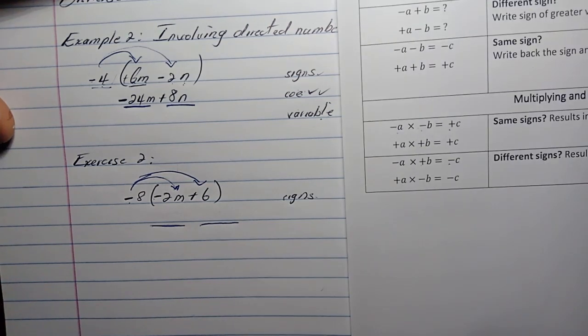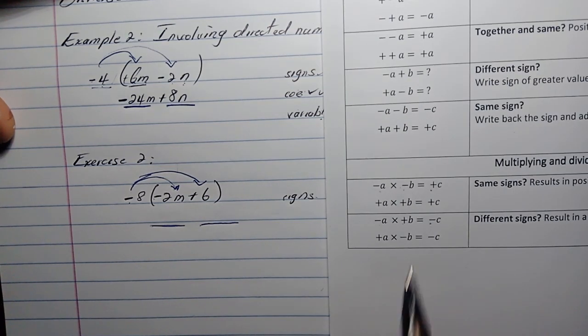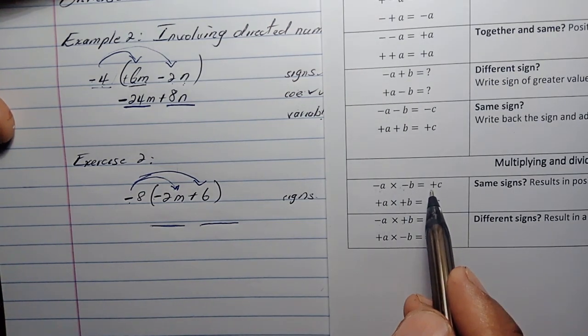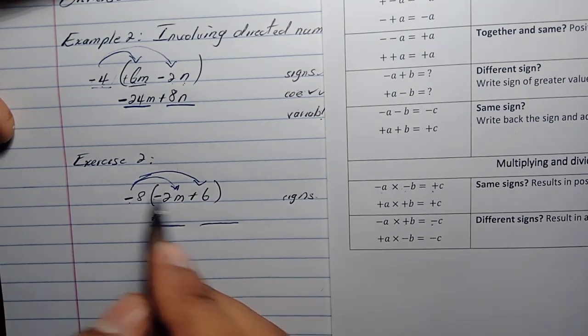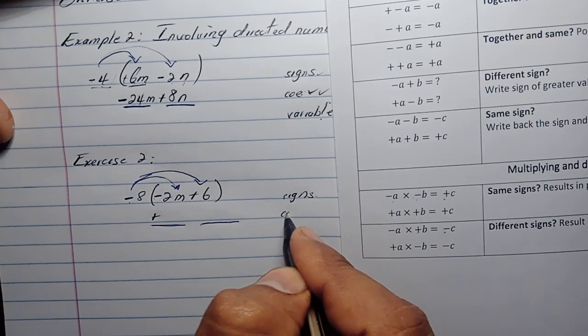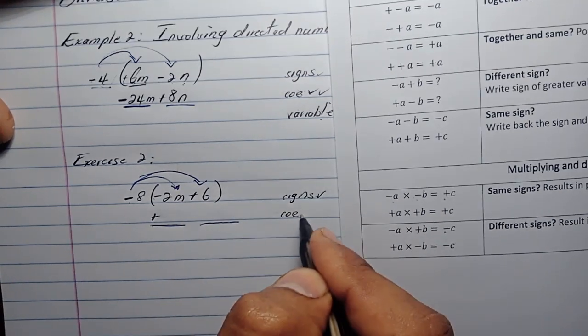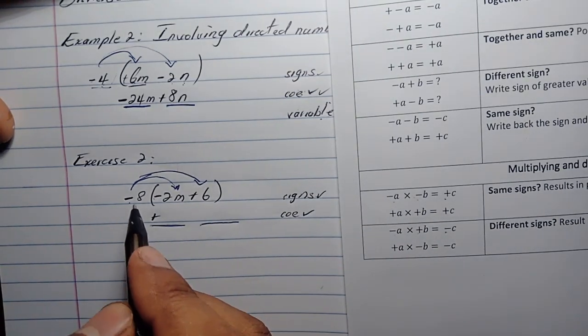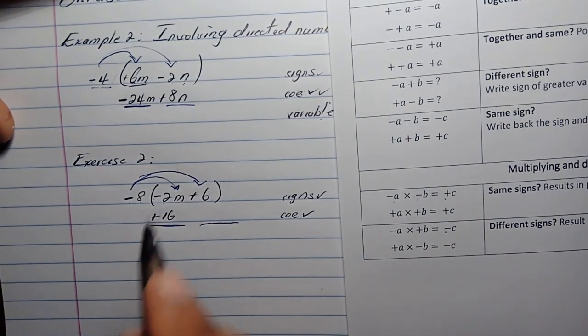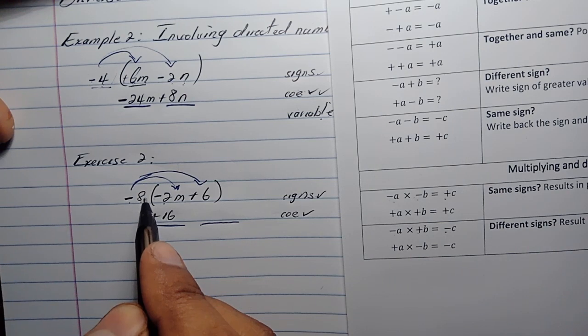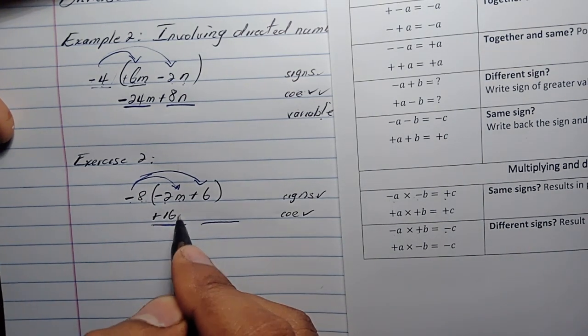Let's put our handout close by. So you're going to get a positive. So you put your positive right there. Next, we have to deal with our coefficient. 8 twos, 16. We have an m, so we just imagine that there's a 1. 1 times m gives you m.